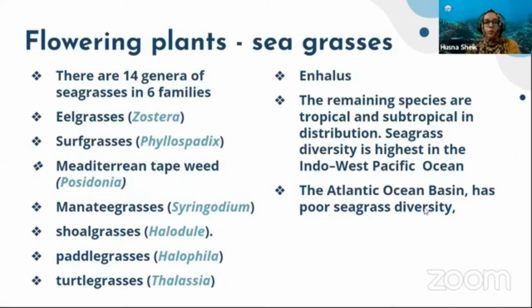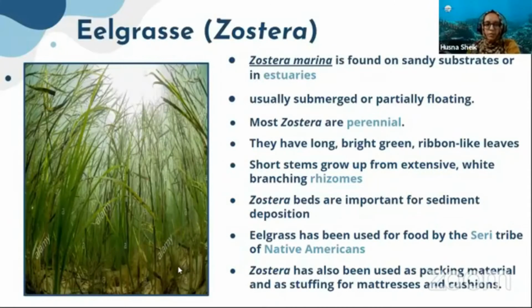Yes, now we are moving to the seagrass, and we have 14 genera of 6 families, and here I have listed some examples. We are going to study them. So let's move to the first example. It's called eelgrass, or Zostera.